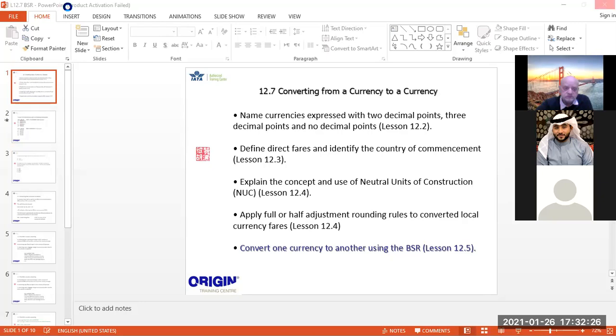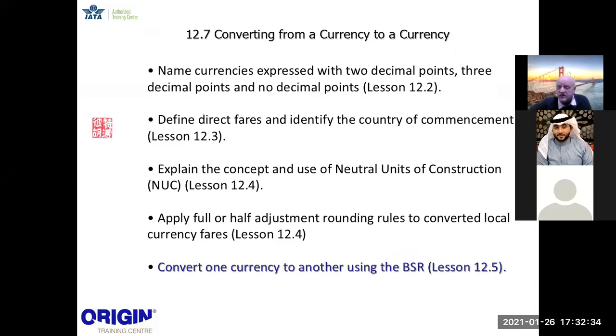So intended learning outcomes first. This means at the end of it, what are you supposed to know? Right, we've already done how to work out whether it's 2, 3, or no decimal points. Country of commencement is where you start your journey.